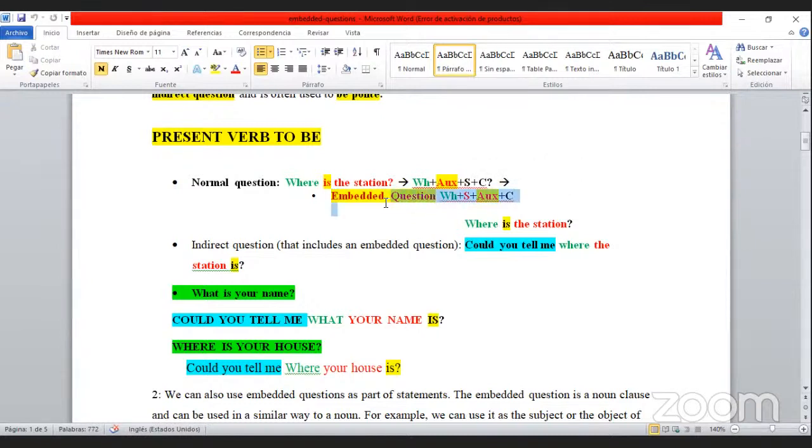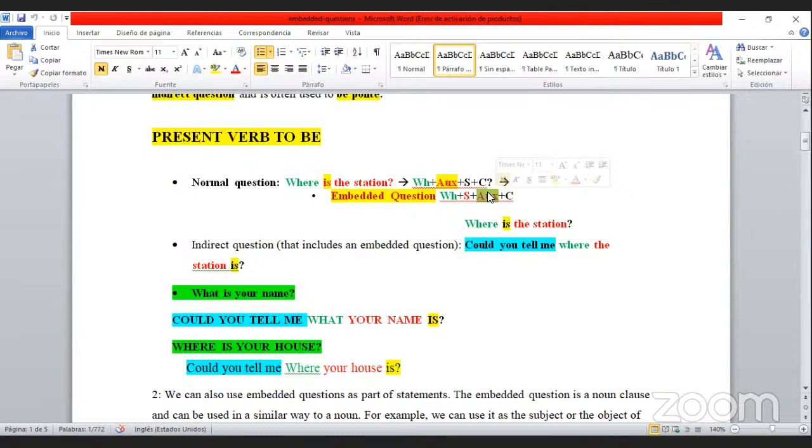First, we will have an embedded question at the beginning. After this, we have to respect the same WH question that we have here. After this, in order not to have two questions in one, we are going to use first, not the auxiliary, but the subject, and after the auxiliary, okay? So first, my subject is the station, and after, my auxiliary is the verb to be, is, right?